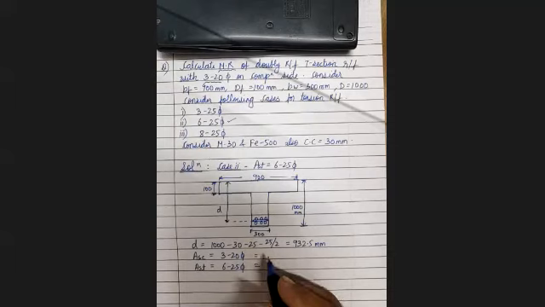So 3 bars of 20, it is 942.48. Okay, and AST, tell me. 3927. 3927. So we got all these values.